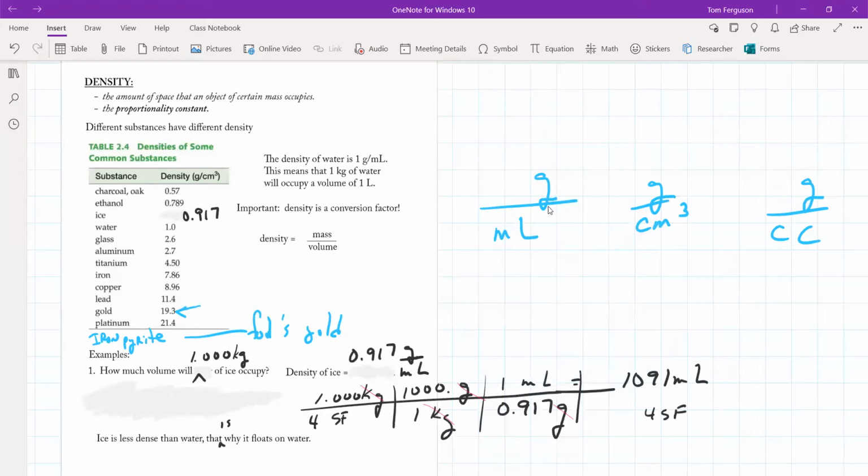Chemists usually use grams per milliliter. Physicists go grams per cubic centimeter, and medical people go grams per cc. They're all the same thing though. The numbers you see, notice here we have cubic centimeters, but it's the same thing as milliliters of water.